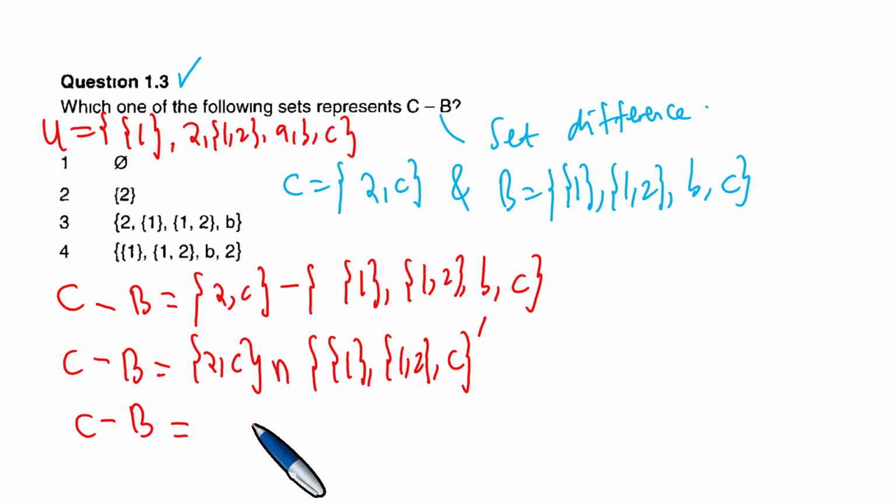So if we want to take the complement of this set, which is the complement of the set B, we're therefore going to have 2C intersection.